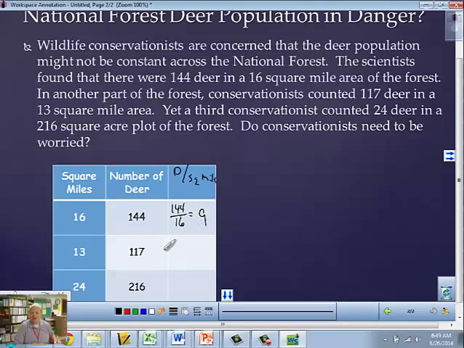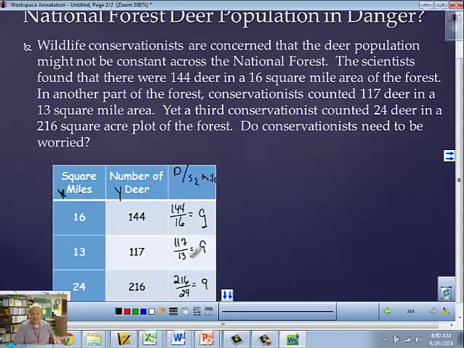I do the same thing again: 117 over 13, and that again equals 9. And the last one, I'm going to put 216 over 24, and that equals 9. This is like my Y and my X that we dealt with two days ago when we were dealing with tables and charts. So looking at this, I can say my unit rate is 9.